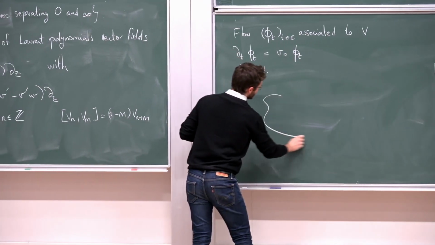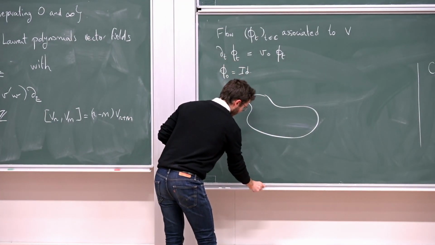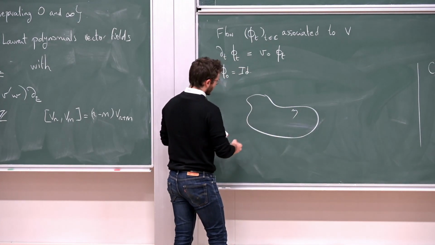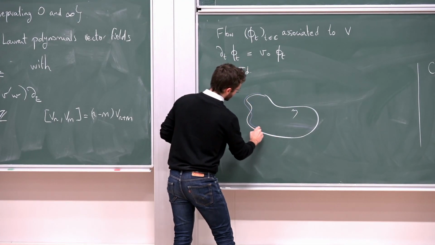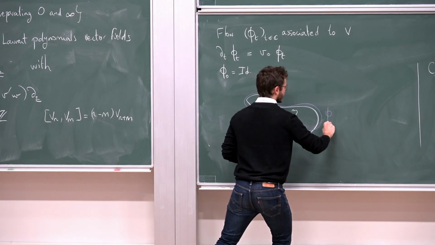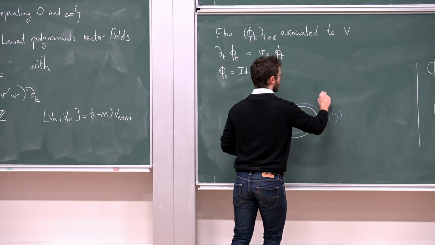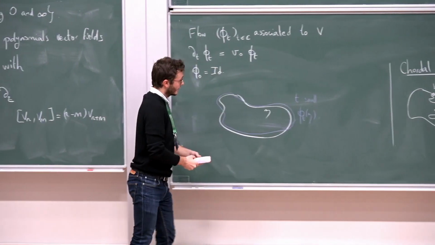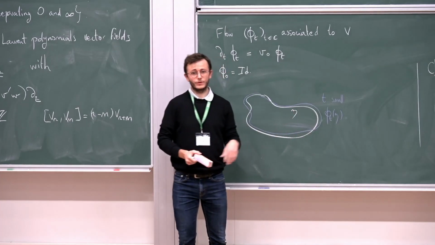Concretely, I have my Jordan curve, this is eta, and now I consider phi t of eta for t small. And this is a small perturbation of eta if t is small.